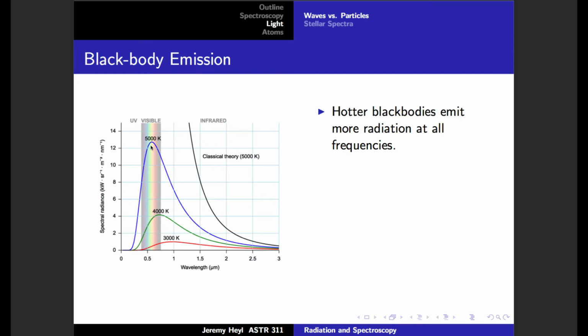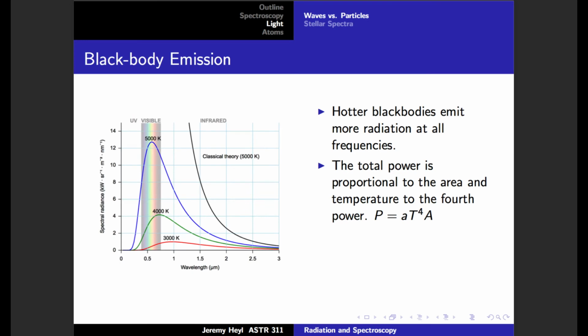Now, this shows what was actually observed, and then this is when people tried to calculate it. It just kept going up and up and up. So everything would look really, really blue-white, but it doesn't, right? The thing we noticed with our nail is as the nail got hotter, it got brighter.